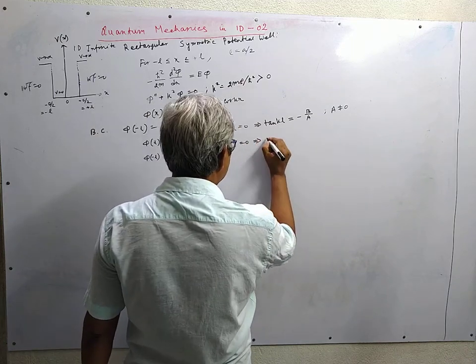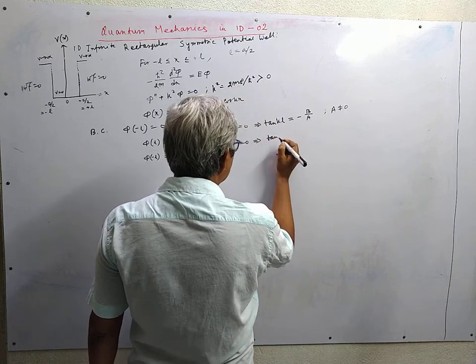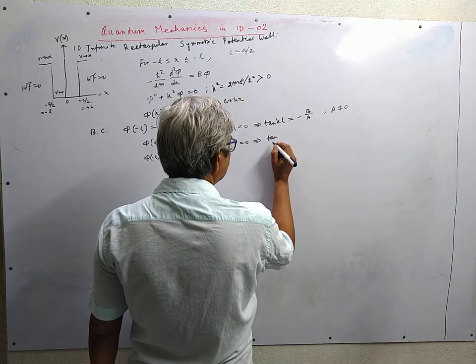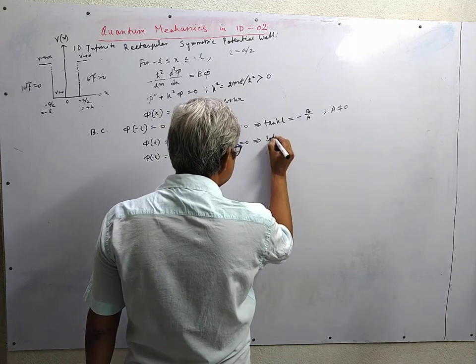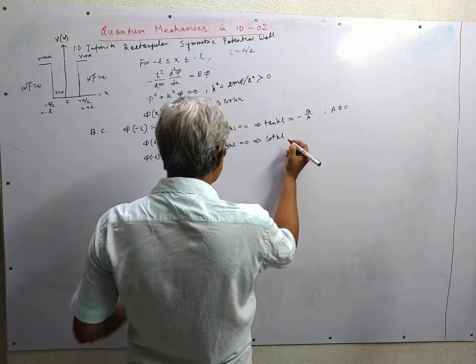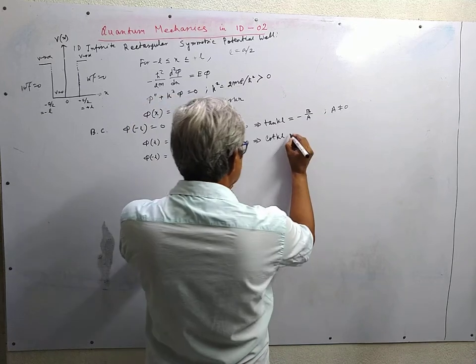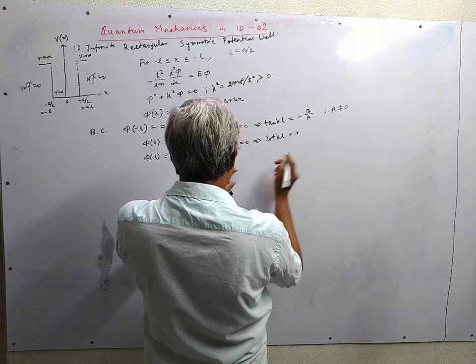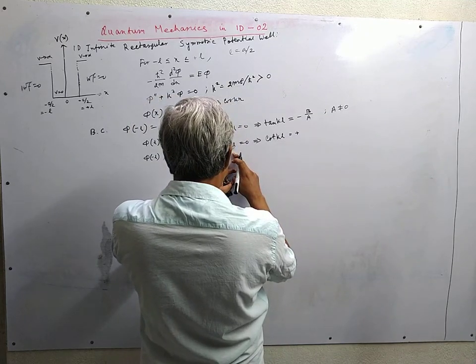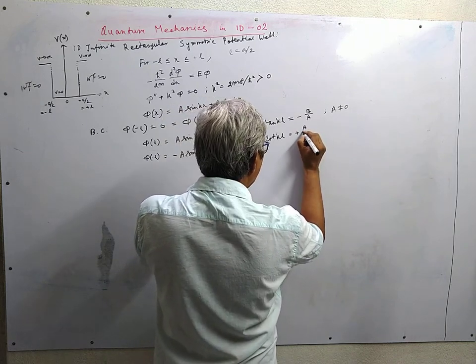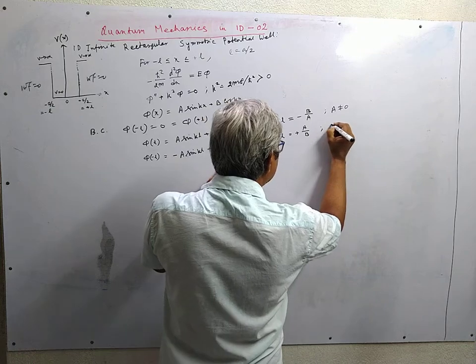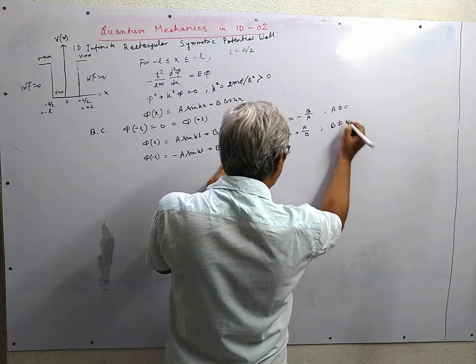This leads to cot KL, with the assumption that B is not equal to 0.